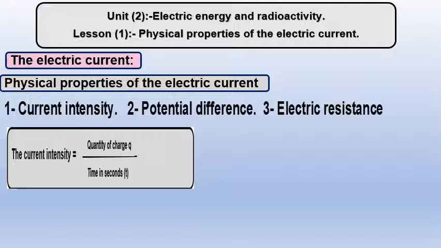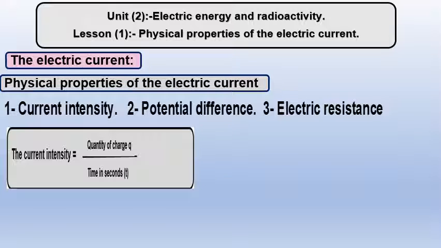Again, what's meant by electric current intensity? It is a quantity of electric charge, which are free electrons, that passes through a cross section of a conductor in 1 second. This is called electric current intensity.